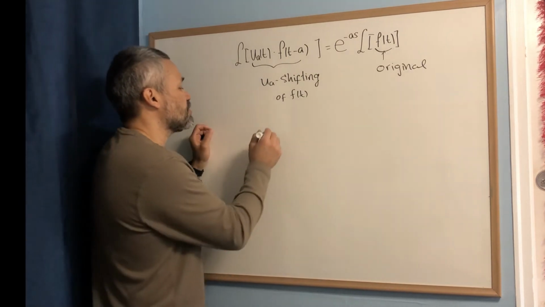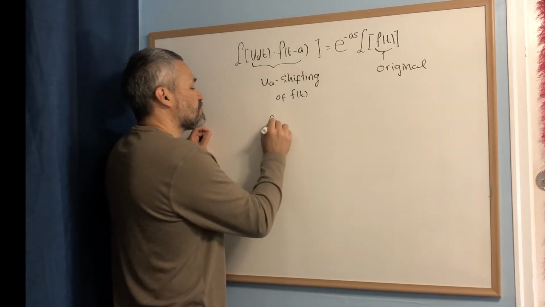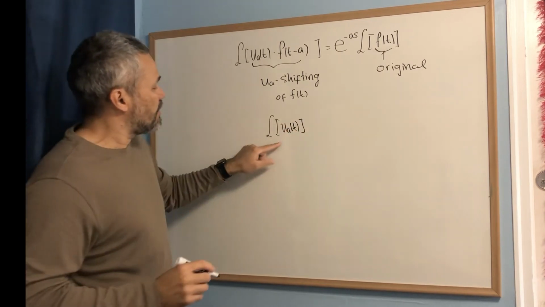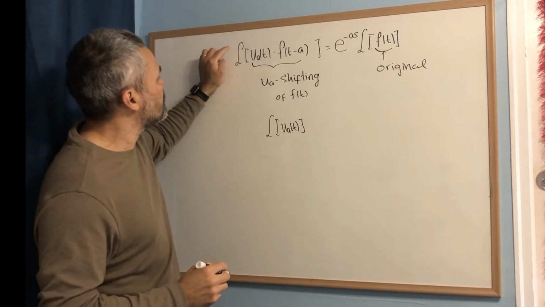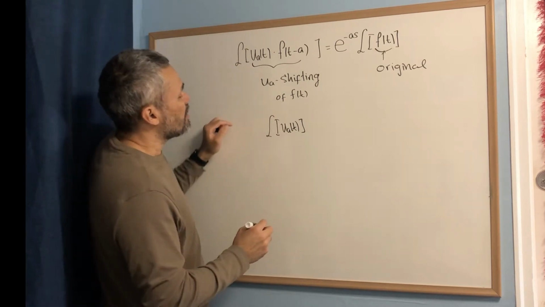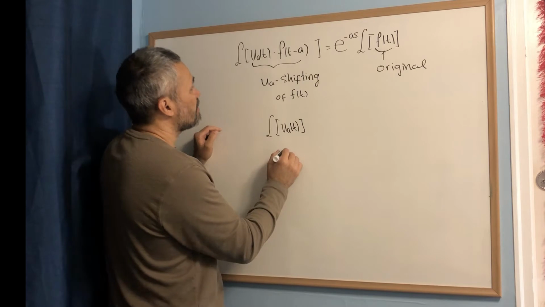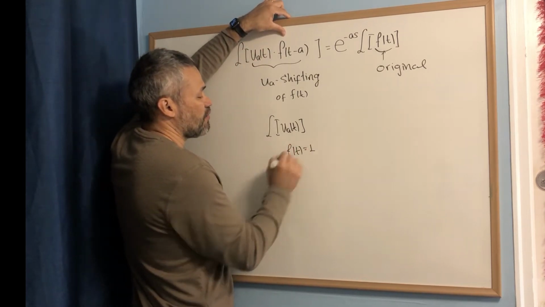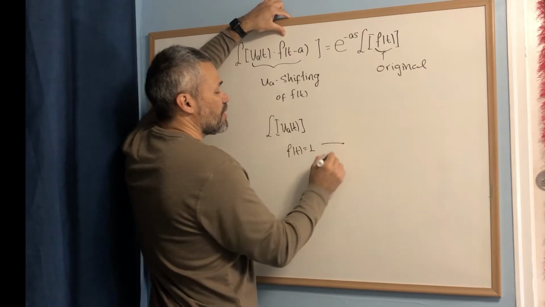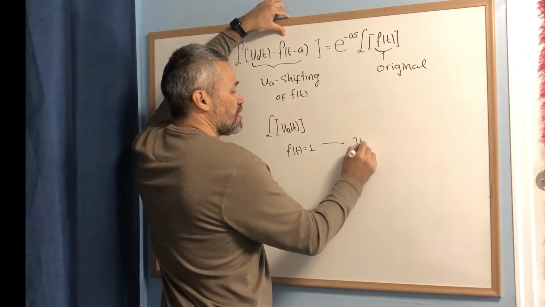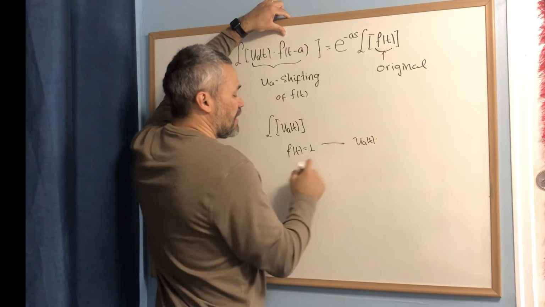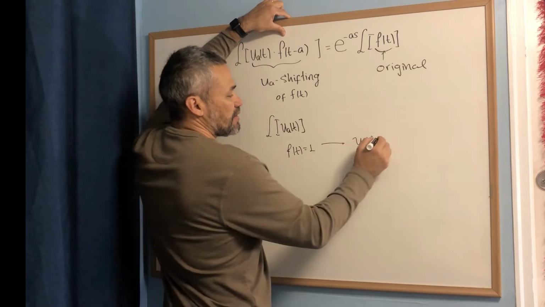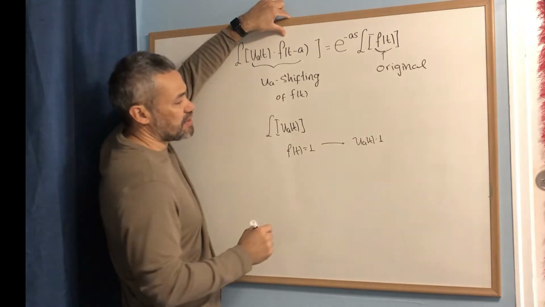As a first application, let's do the Laplace transform of UA of t. We already have done this, but let's do it using this formula. In this case, if we take the function f of t equal 1, then the UA shifting of that function would be UA of t, and anytime you see that t here, you replace it by t minus a. But here there is no t, you get just that.